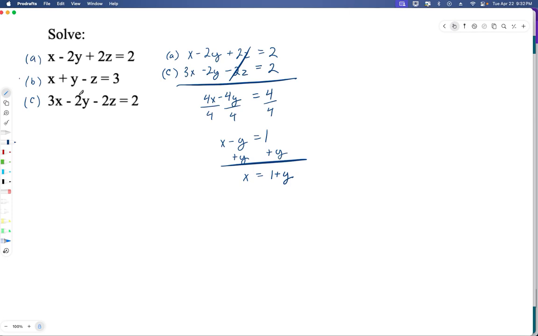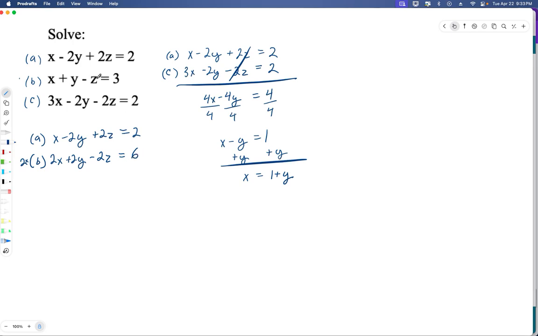So let's use A again, x minus 2y plus 2z is equal to 2, and I'm going to take B and multiply B by the number 2. 2 times B gives me 2x plus 2y minus 2z is equal to 6, because I multiplied everything here.